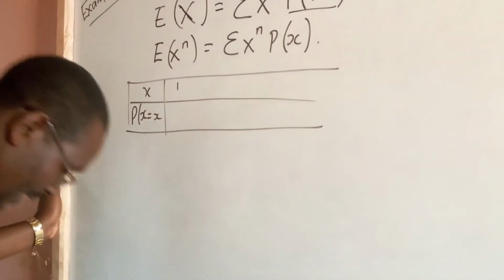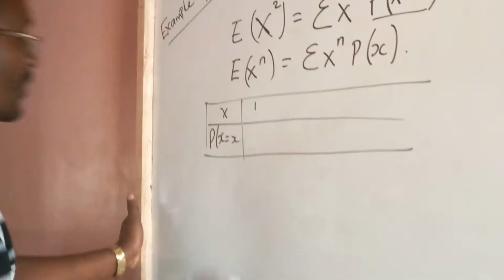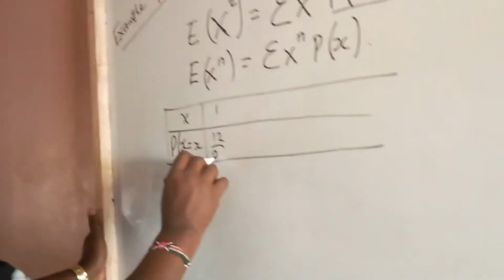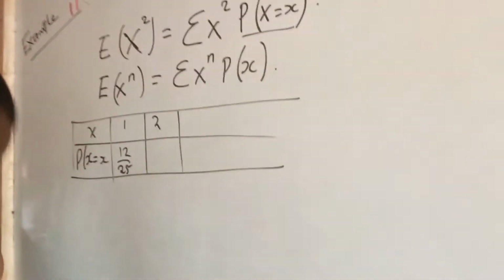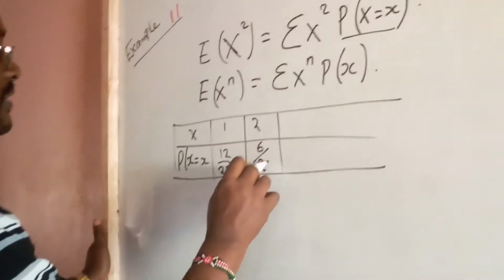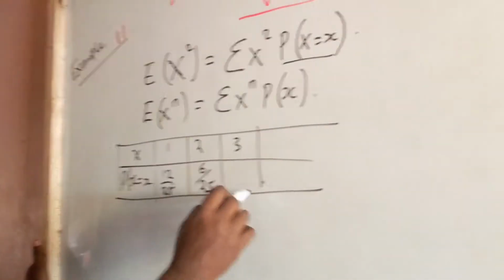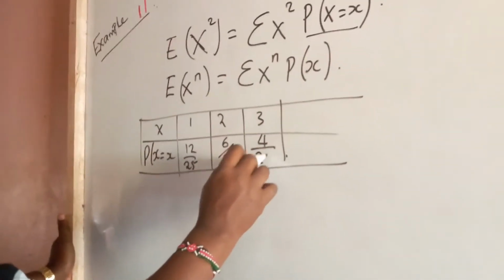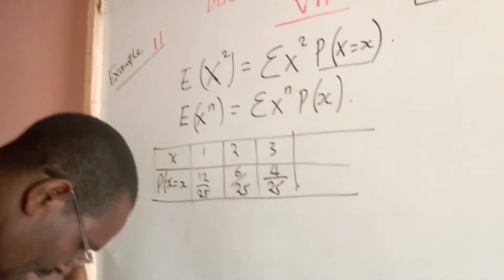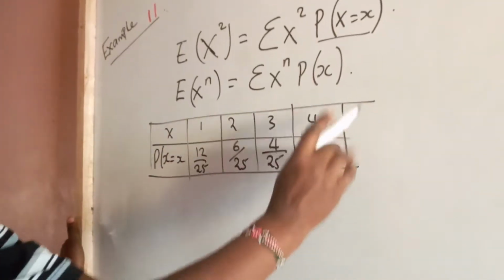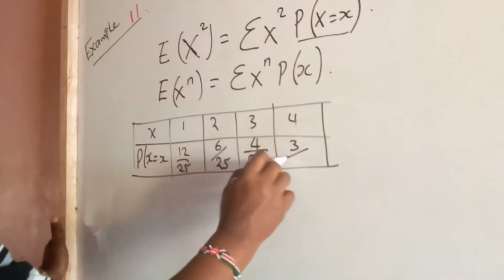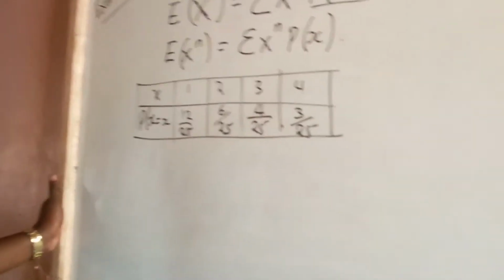We have a 1, which is 12 out of 25. We have a 2, giving us 6 out of 25, 3, giving us 4 out of 25, and we have 4 with a probability of 3 out of 25.